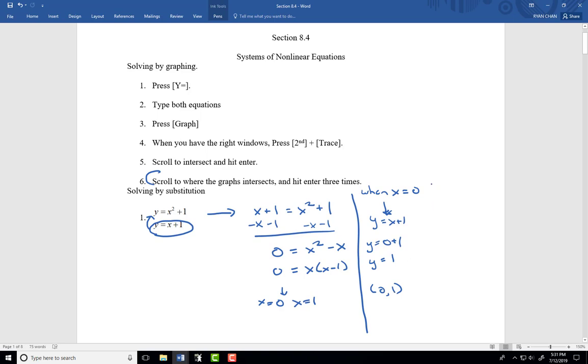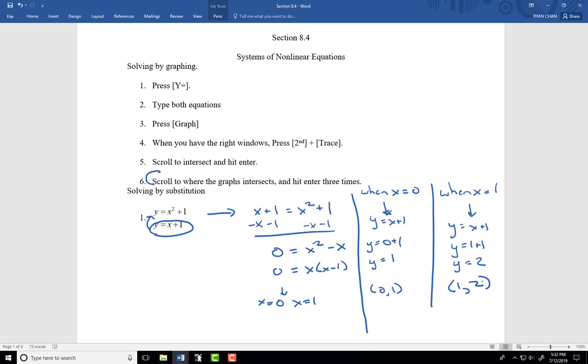And then I'll write the second part. What happens when x is equal to 1? I'll plug it into here, and I have y is equal to x plus 1, y is equal to 1 plus 1, y is equal to 2, and this is 1 comma 2. So those are my two solutions.